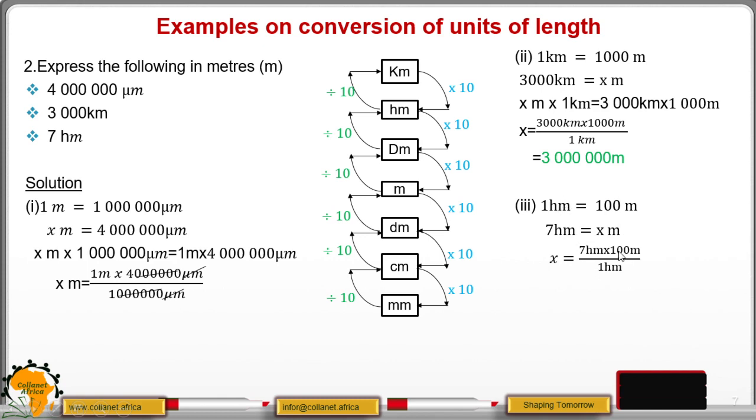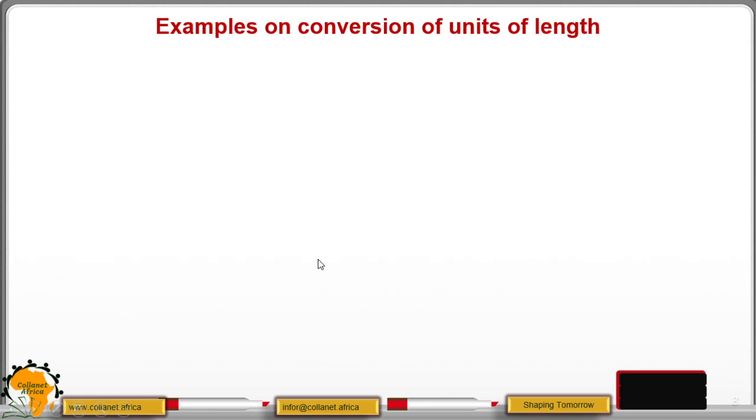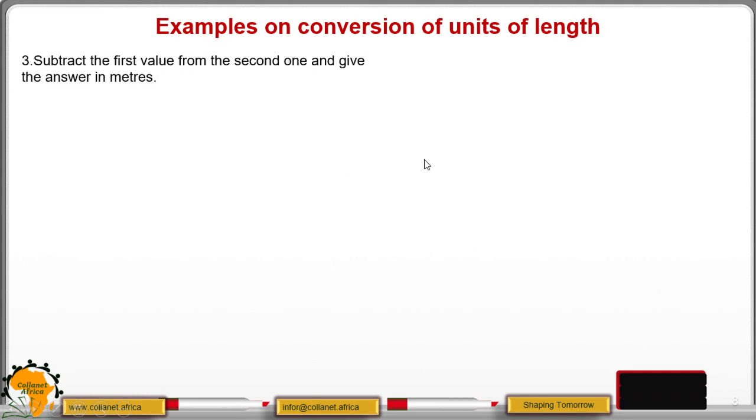By cross multiplying, you get 7 times 100, then 1 times X. So to get X, you divide through by 1 hectometer. Again, this will cancel out. You're left with 7 multiplied by 100. You get 700 meters. So this one, again, is shown clearly, that 4 times 1, you get 4 meters. From there, we proceed to another example.